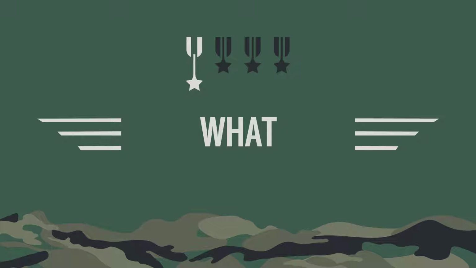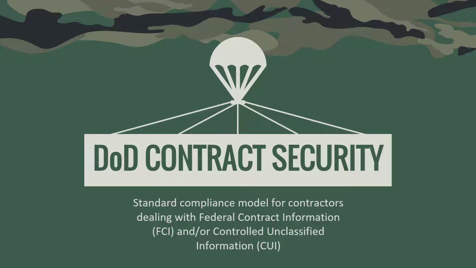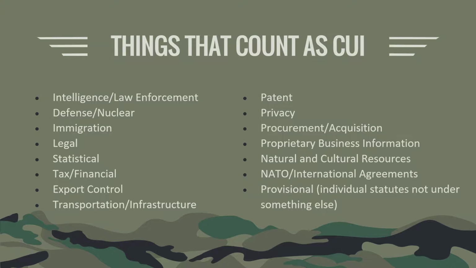So what is CMMC? CMMC is a new set of standards you have to follow regarding DoD contract security. It's for DoD contractors dealing with federal contract information or controlled unclassified information. Now, what are those, you might ask? Well, this is a list of things that count as controlled unclassified information.